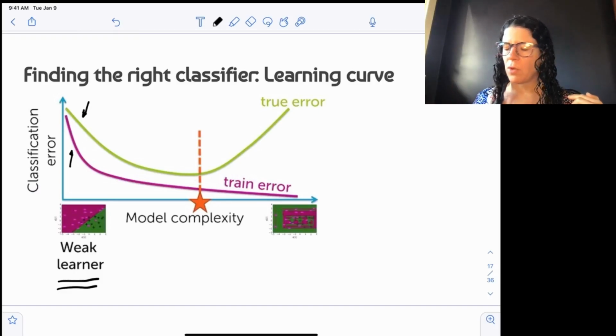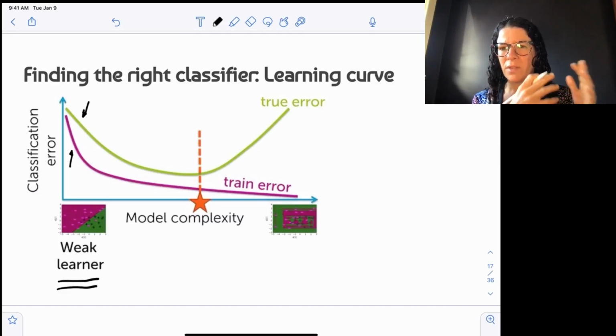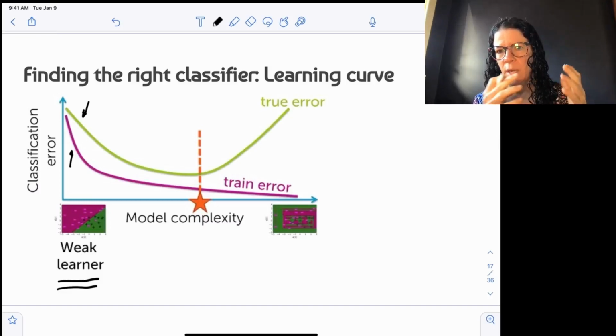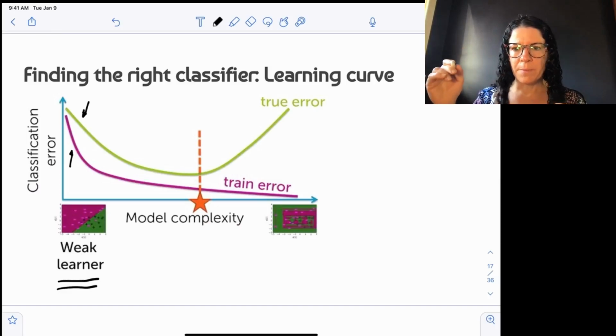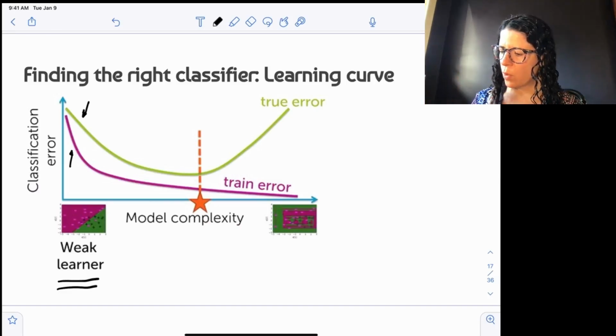The training error goes down, and at the beginning the validation error also goes down, because maybe at the beginning you are really underfitting the data. You give it a little more complexity and the model fits better. But eventually, in many cases, the validation error is going to go up. So what we want in general is an algorithm that is complex enough for this data.